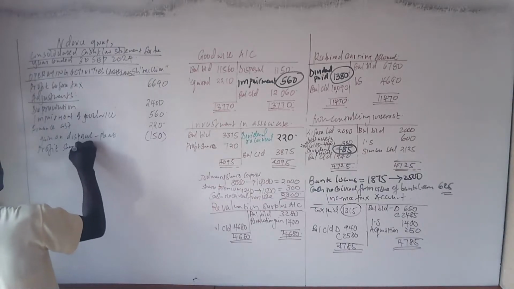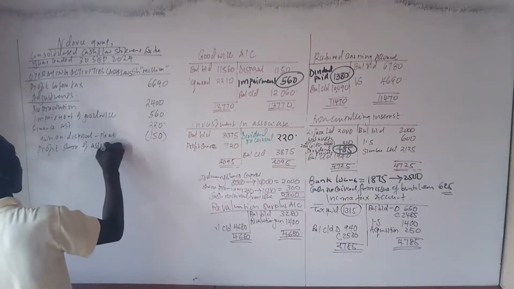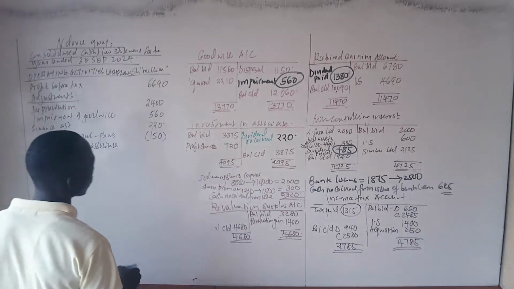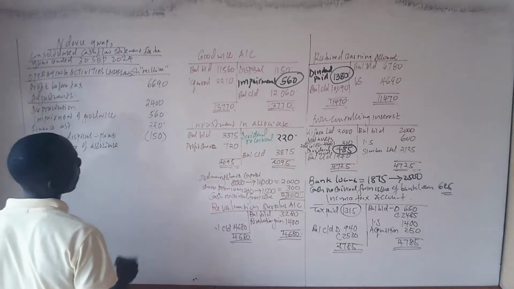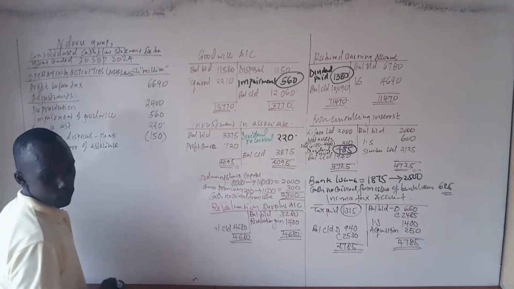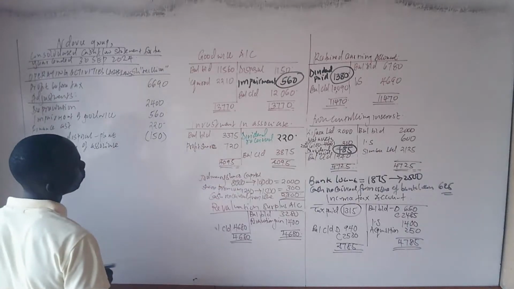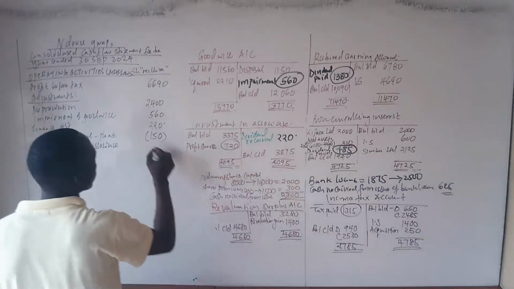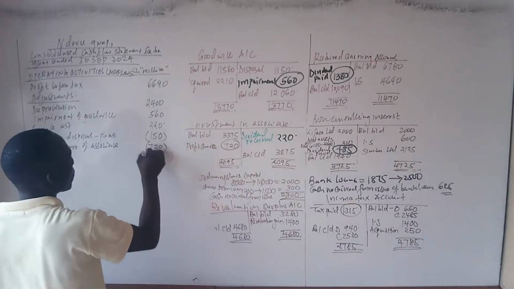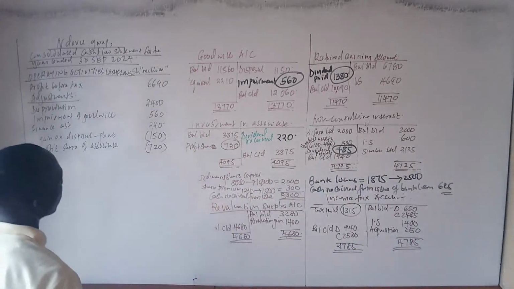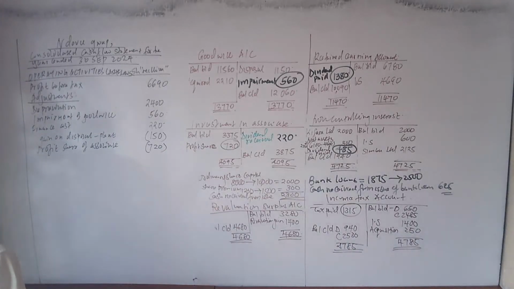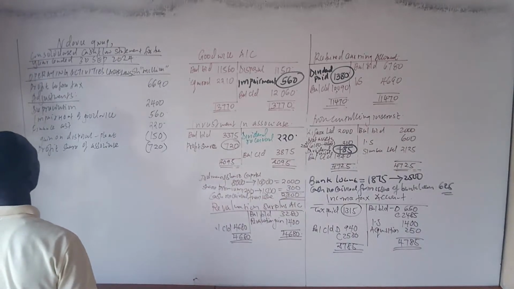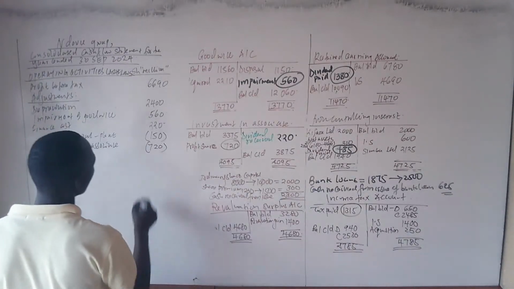Profit share of associate. How much was it? It is here, 720. Are you seeing 720? Then from there, what else do we have? Do we have anything else that will affect this?